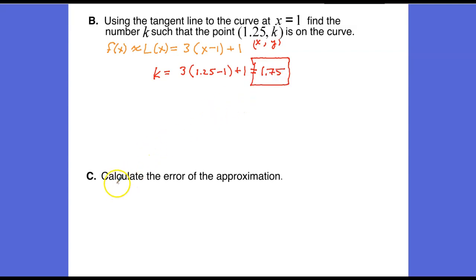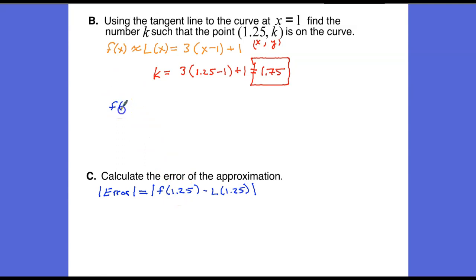1.75. Now in part C, they want us to calculate the error of the approximation. So the absolute value of our error is equal to the absolute value of f of 1.25 minus L of 1.25. Now let's find out what f of 1.25 is.